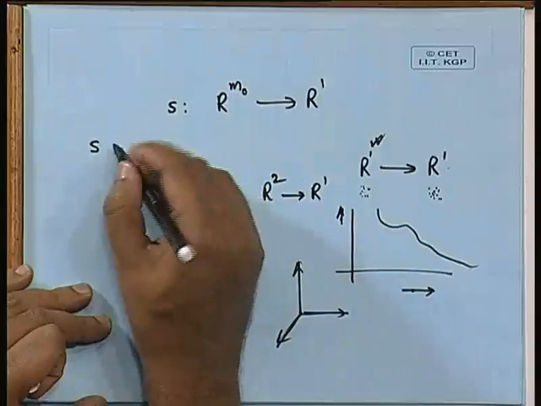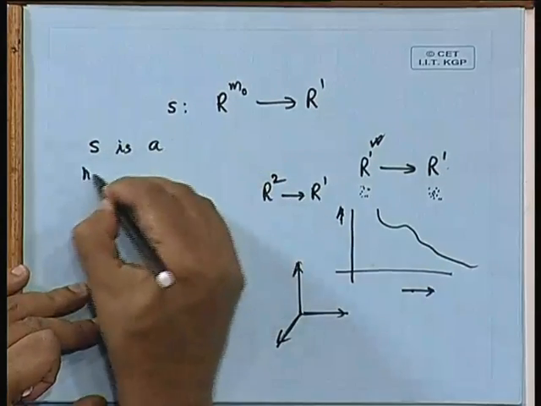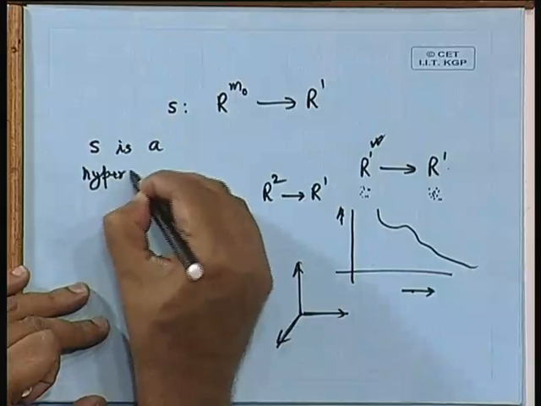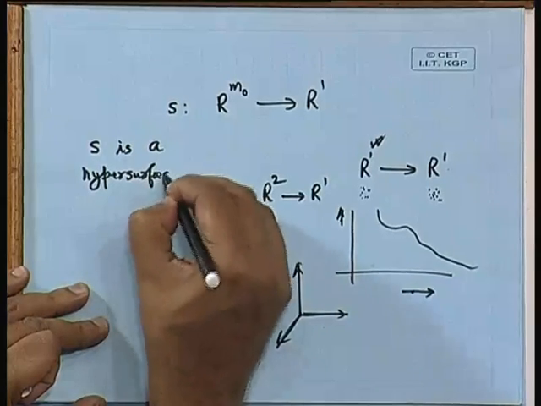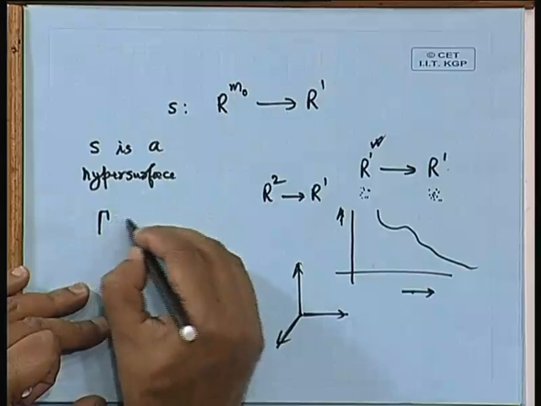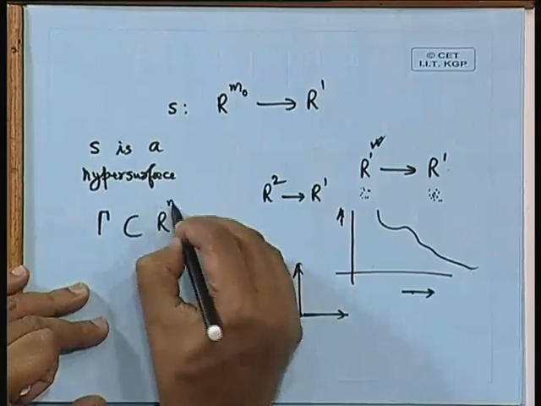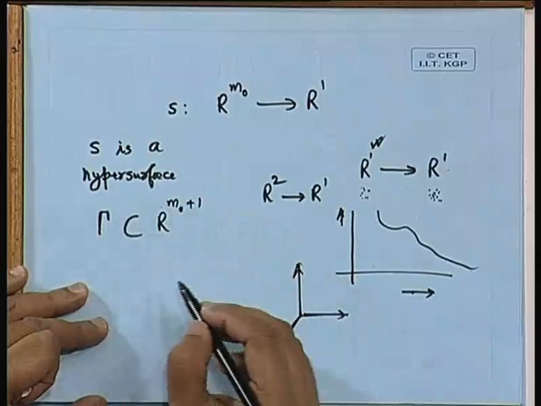Make it M0, it becomes an M0 plus 1-dimensional surface. So, that map S is now to be imagined as a hypersurface, and what is that hypersurface? It is the hypersurface gamma. We take the hypersurface gamma, which belongs to the M0 plus 1-dimensional real space.